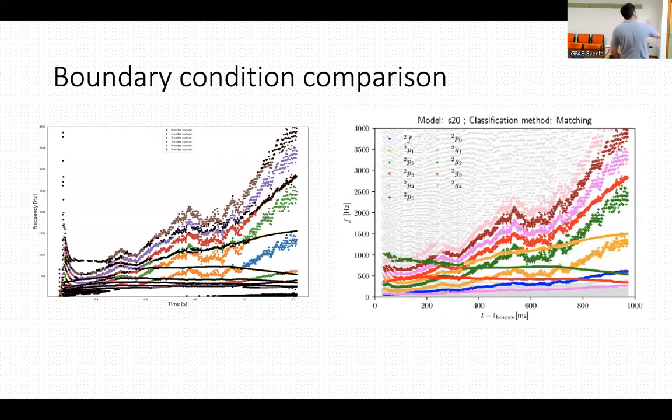And if we compare this with the previous, taking this into account, this mode will cross all the other modes, also this one. They are not changing, but here you see that the matching is tracing correctly the nature of the mode. So our matching method is much better than the other one because it is taking this into account.